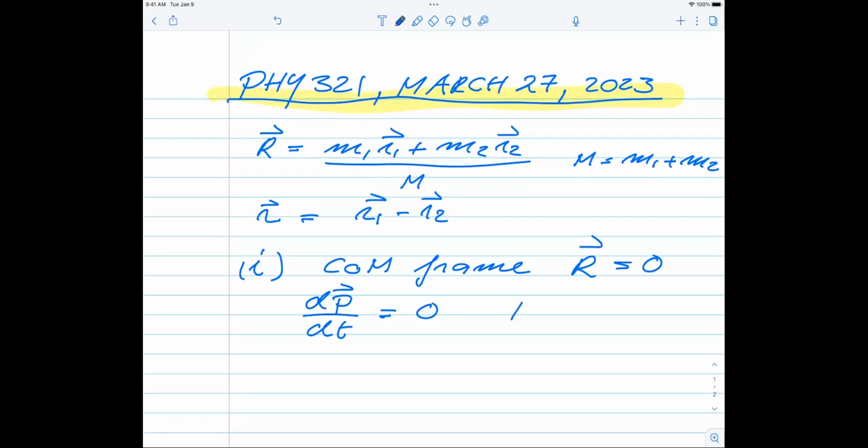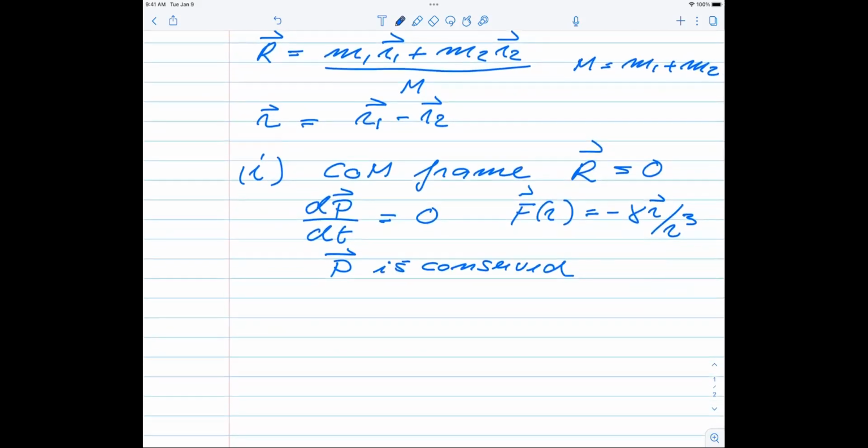And this is something which takes place when we have forces of the central type and energy conserving forces as well. And we are going to look at the force which comes from, for instance, the gravitational potential. So what we saw then is that the linear momentum is conserved when the time derivative, which is equal to the force, is equal to 0. And when we have internal forces only, this is actually the case.